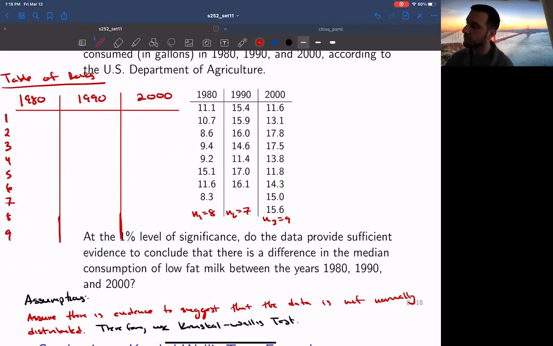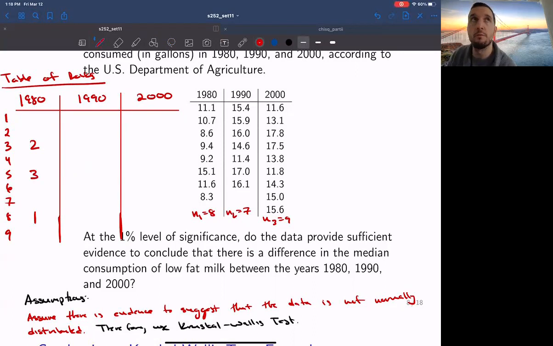Okay, so observation 8 from 1980 gets rank 1. So 8.3 is the smallest value in the data set. Observation 3 from 1980 gets rank 2 because 8.6 is the next smallest value in the data set. Observation number 5 from 1980 gets the third rank because 9.2 is the next smallest value.